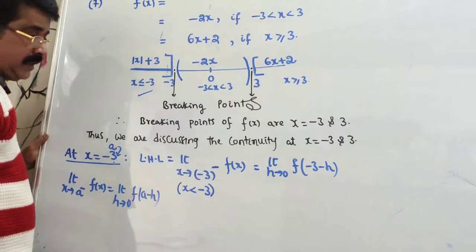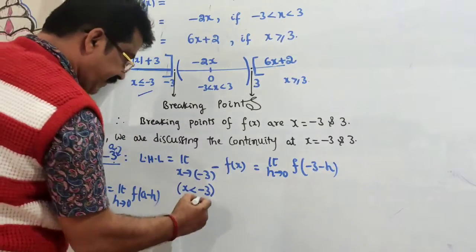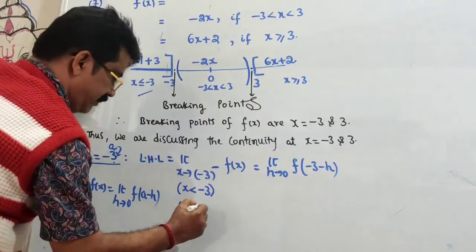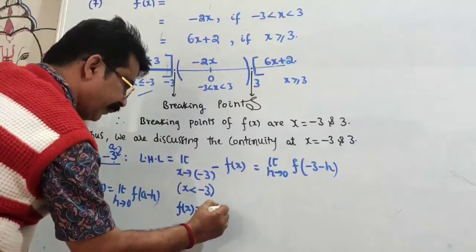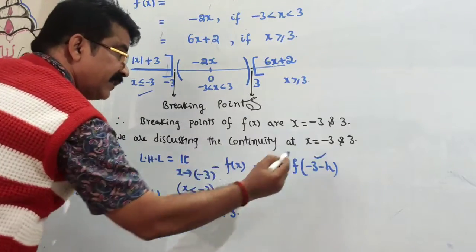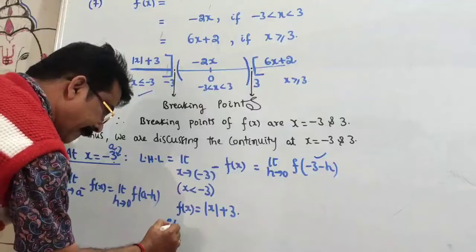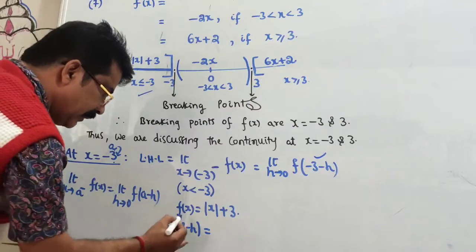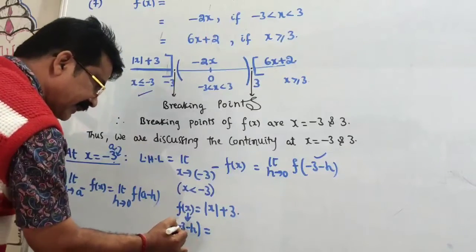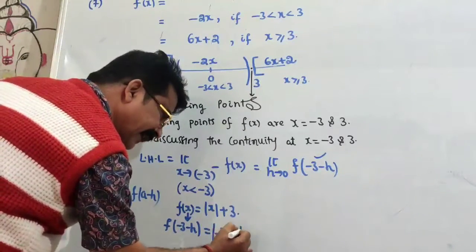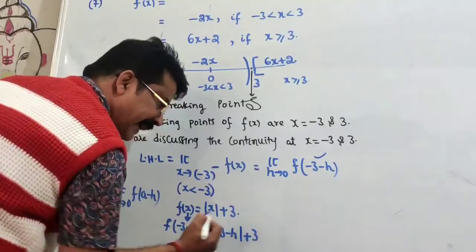Okay, when x is less than minus 3, in this area the function is defined as f of x equal to modulus of x plus 3. So what about minus 3 minus h? F of minus 3 minus h equal to, instead of x it is minus 3 minus h, modulus of minus 3 minus h plus 3.